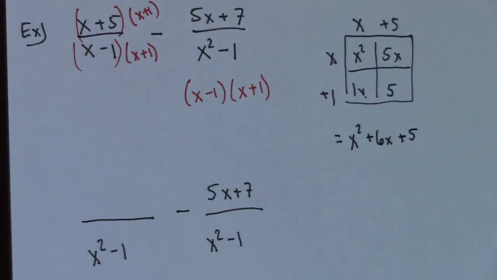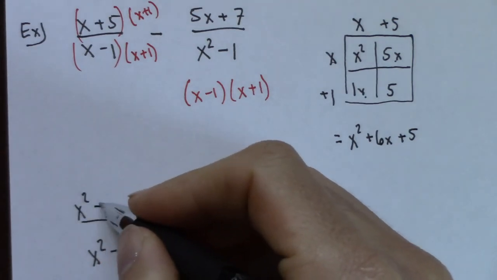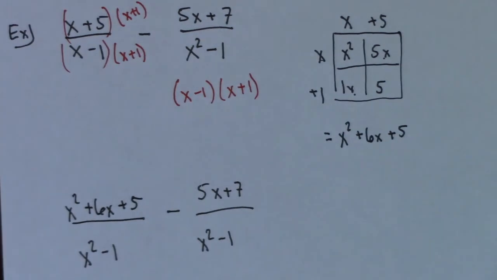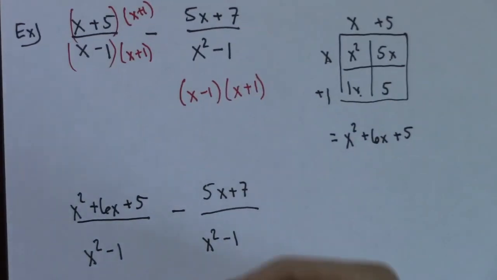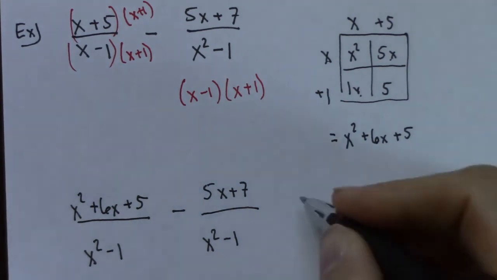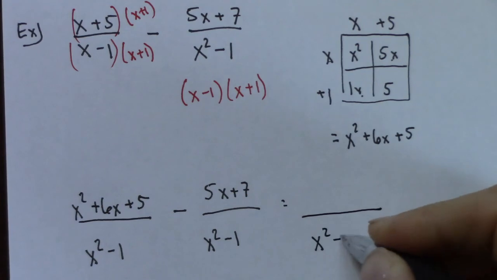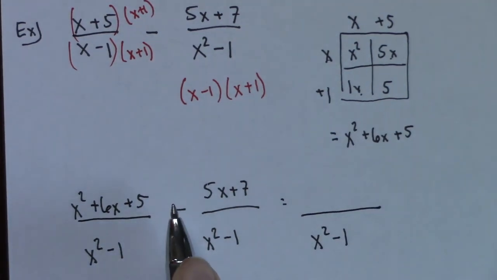So my first numerator will be this chunk right here, x squared plus 6x plus 5. Same as before, I am going straight across, so I can just keep the same denominator, x squared minus 1. I do need to be careful of this subtraction piece right here. So here's what I'm going to do.